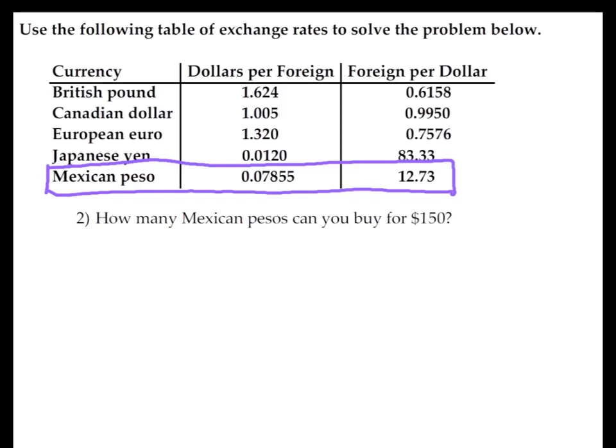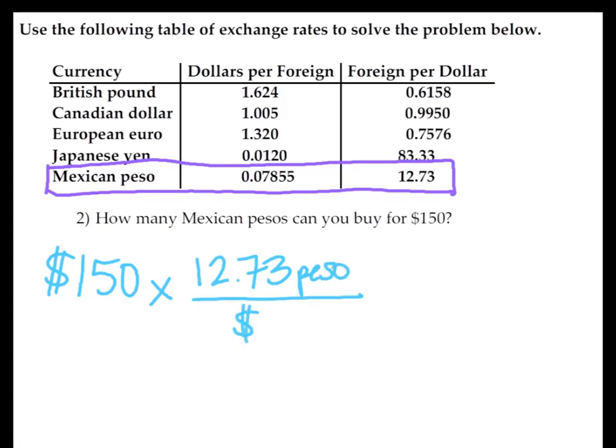And from here, we're asked, how many Mexican pesos can you buy for $150? So we're going to multiply $150 by the exchange rate of foreign per dollar, right here, foreign per dollar, 12.73 pesos to $1. So 12.73 peso per dollar, right?